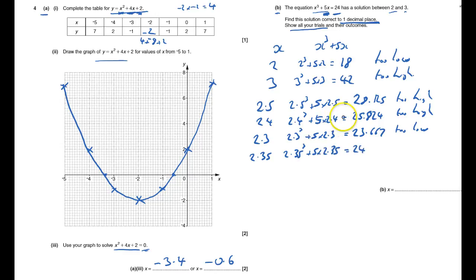That equals 24.727875, which is too high. So 2.35 is too high, and 2.3 is too low, so it must be somewhere between 2.3 and 2.35. And anything between them, to one decimal place, would be 2.3. So the answer for that part is 2.3.